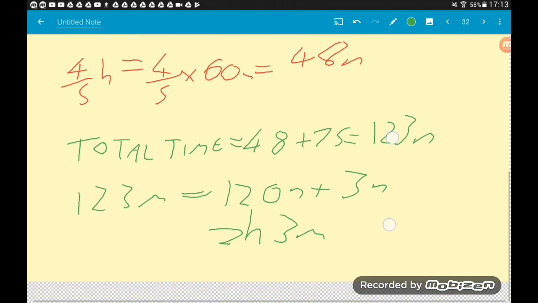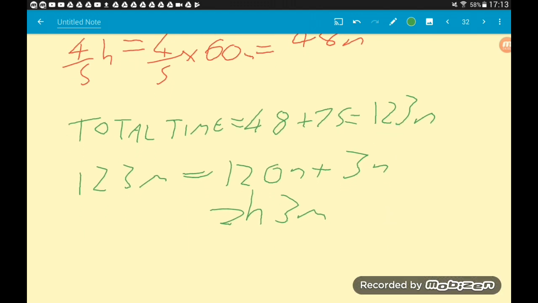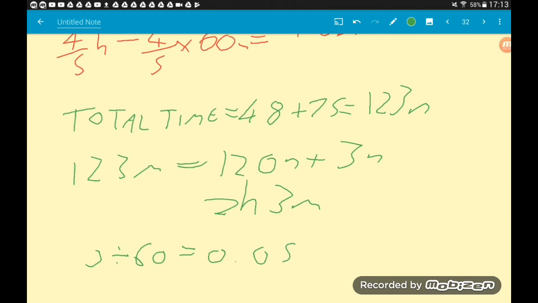So to do that, if you do 3 divided by 60, you will get 0.05. So the whole time is 2, let's call it TT, total time. The whole time is 2.05 hours.